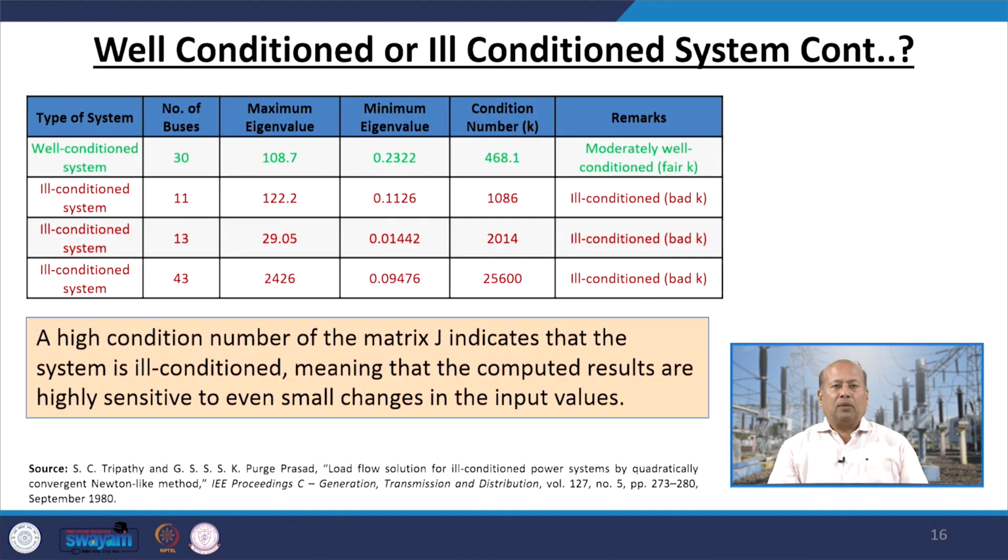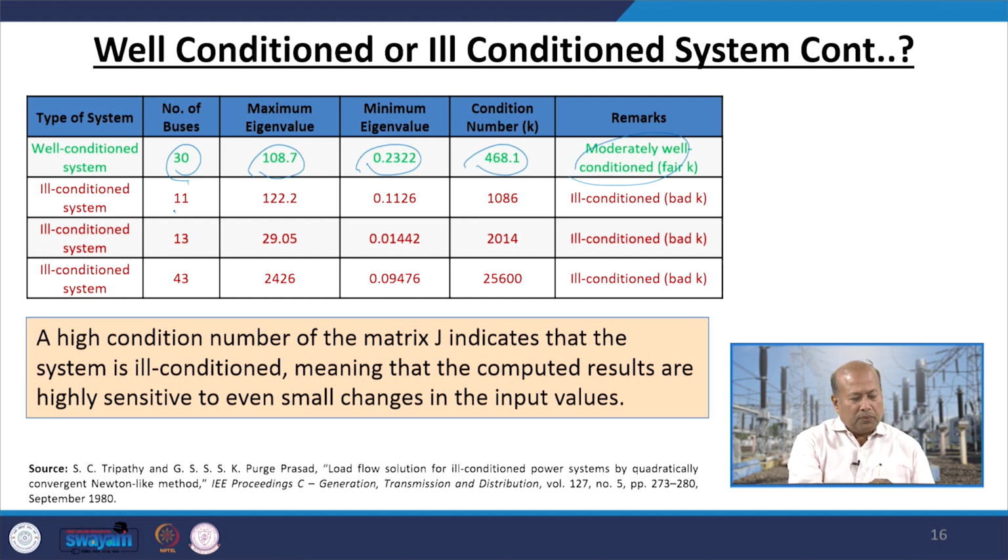Now, to determine the type of system, if the number of buses is 30, the maximum eigenvalue is 108, the minimum is 0.2, the condition number is 468, and this is going to be moderately well-conditioned.